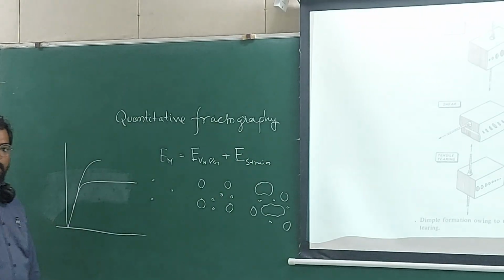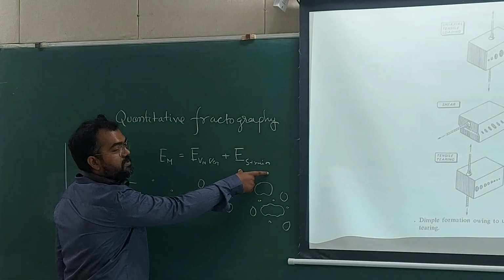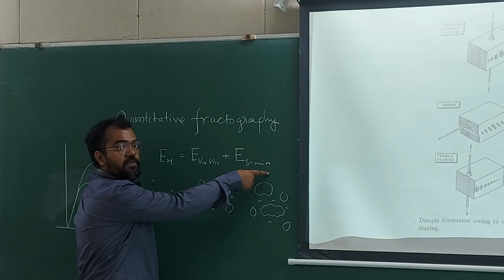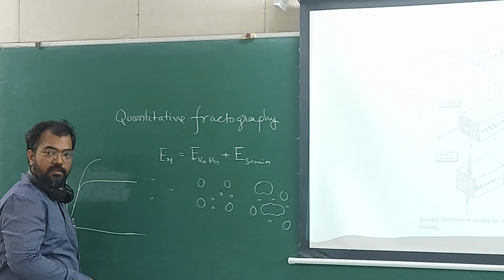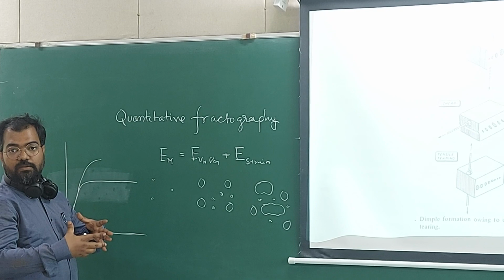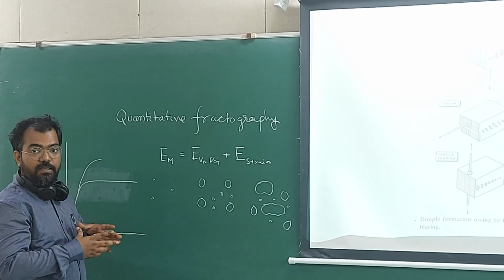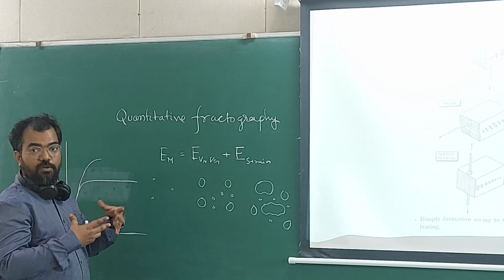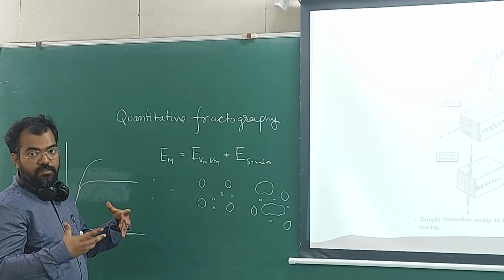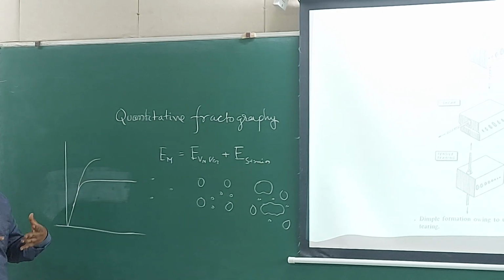So if the material is able to take more strain, then the maximum amount of energy will be going in strain form. So plastic dissipation will be more, and not much energy will be available for the voids to grow. Voids can grow only when the matrix is resisting.